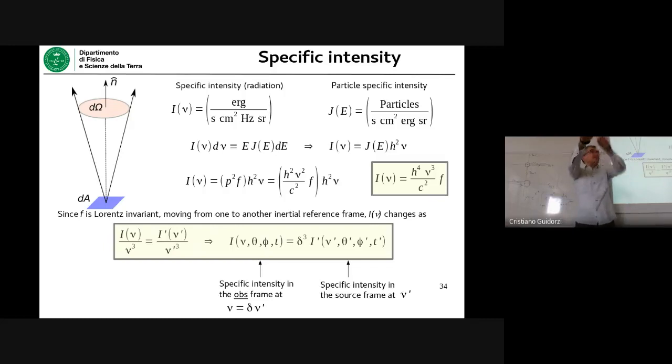And the intensity that you measure is delta cube higher. This makes sense from a qualitative point of view, because the radiation is put in a very narrow cone, and the photons also have correspondingly larger frequency, resulting in a gain of a factor of delta cube. So intensity increases as delta cube whenever delta, the Doppler factor, is larger than 1, of course.